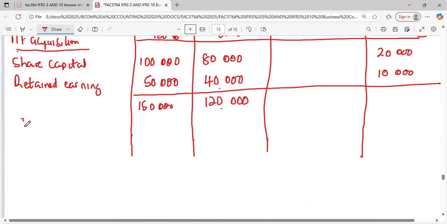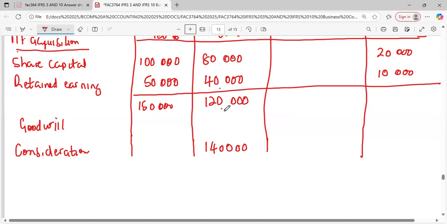So here, let's say goodwill. Then we say consideration. So the consideration is 140. This is what was paid. So if this is what was paid, then what is going to be the goodwill? Do you see we're going to have a goodwill?